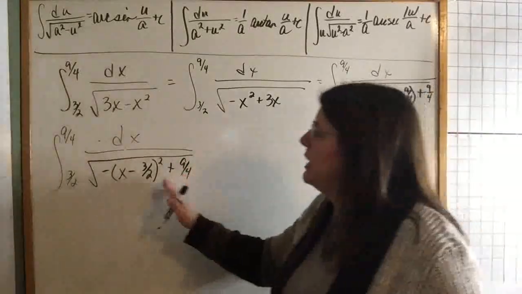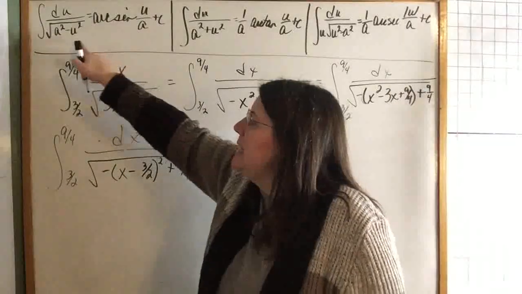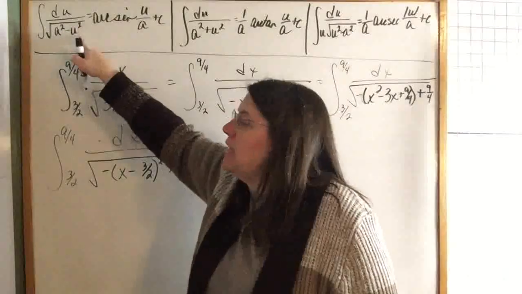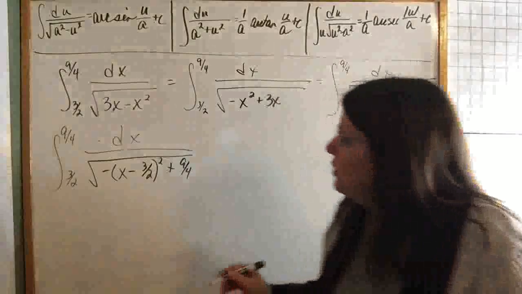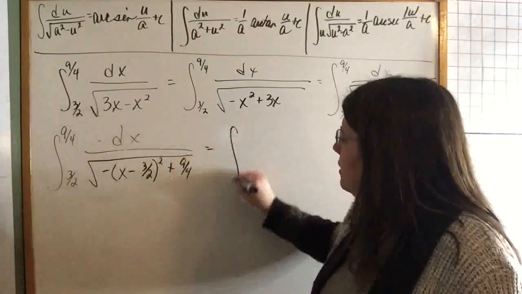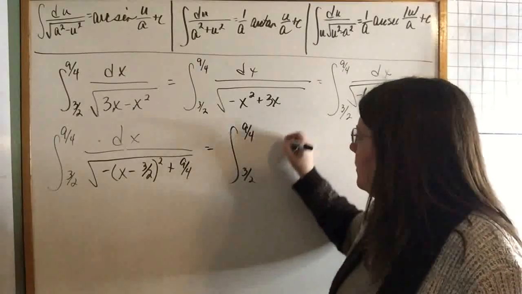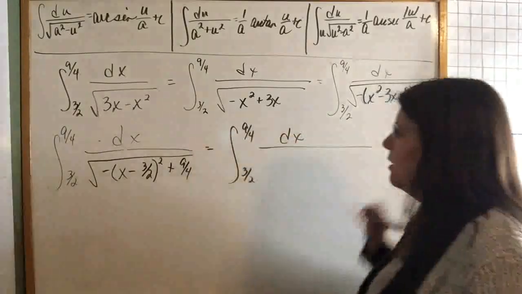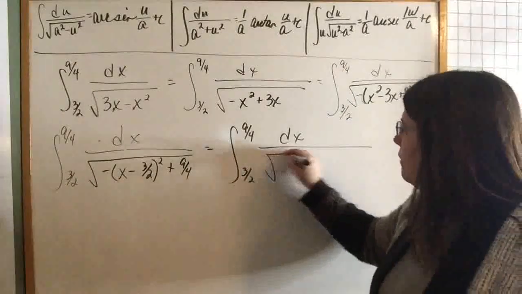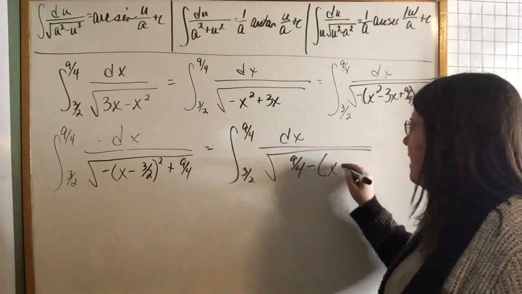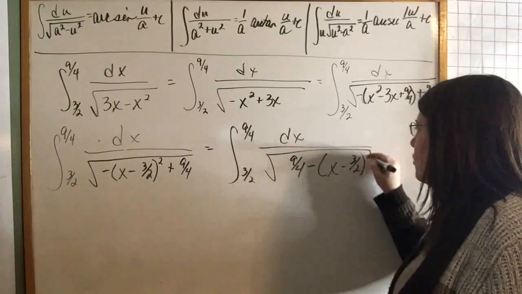Then, in order to get this one to look the way it needs to, my a squared needs to be in front of the u squared part. So I'm going to switch that around so that it looks like it's supposed to. So I've got dx over the square root of 9/4 minus (x minus 3/2) squared.